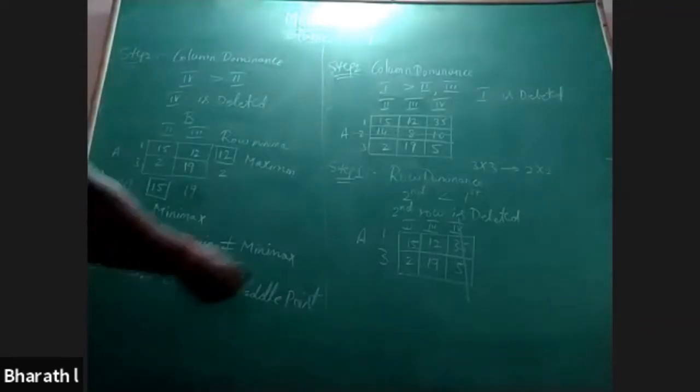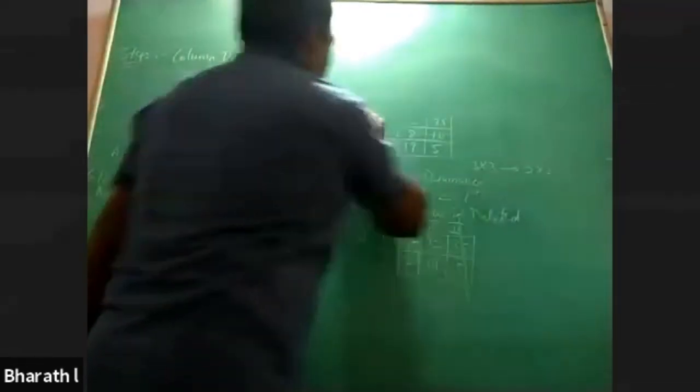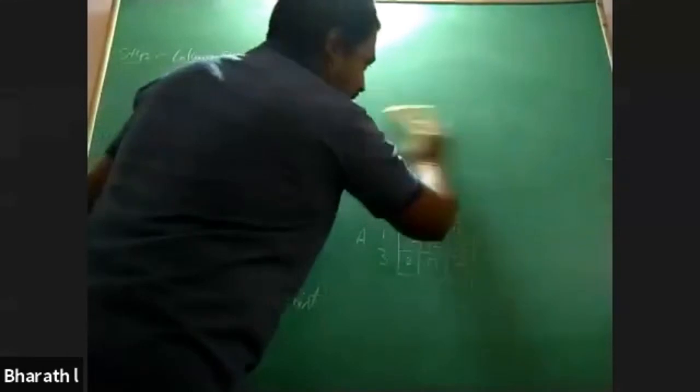Then next, you need to consider the probabilities. We need to consider the probabilities with respect to the strategies of player A and player B. With respect to player A, strategy is 1 and 3.